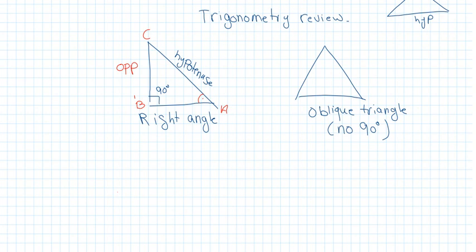We call that side the adjacent side. Okay? So there's three names. Hypotenuse doesn't change the location, but the opposite and the adjacent changes according to the given angle.